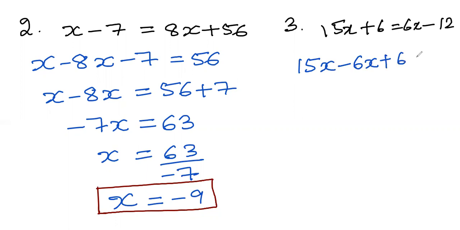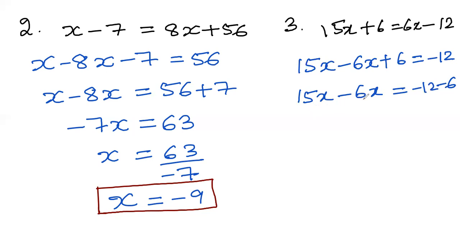Plus 6 equal to negative 12. Now, because plus 6 is being added to 15x minus 6x, it has to be subtracted when it goes on the other side of the equal to sign. So we have 15x minus 6x equal to negative 12, negative 6.